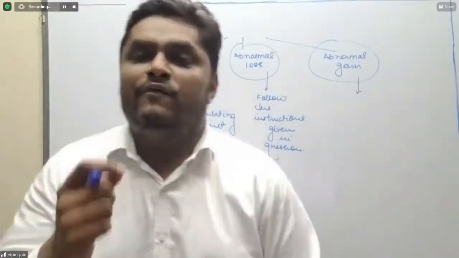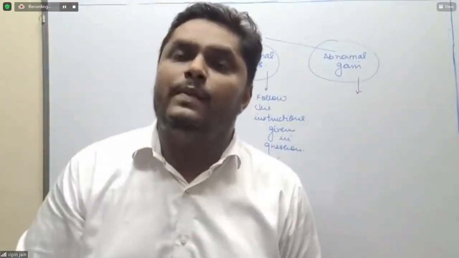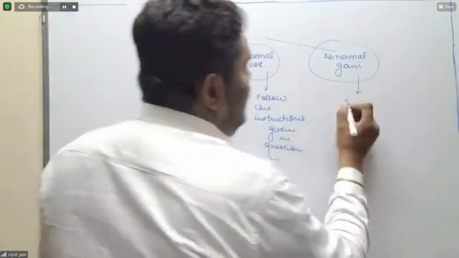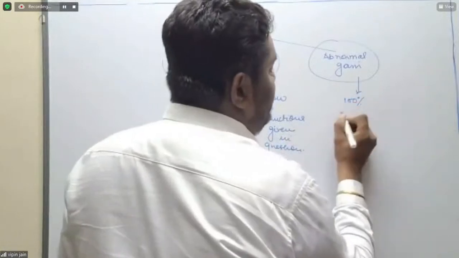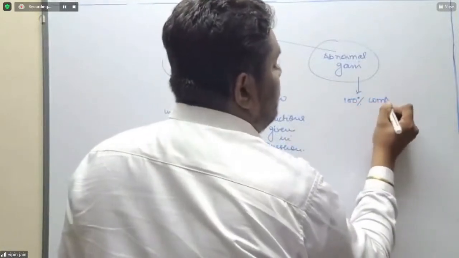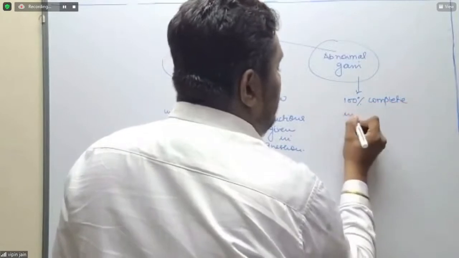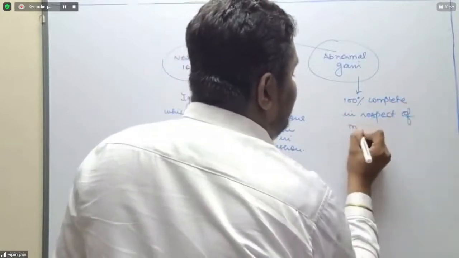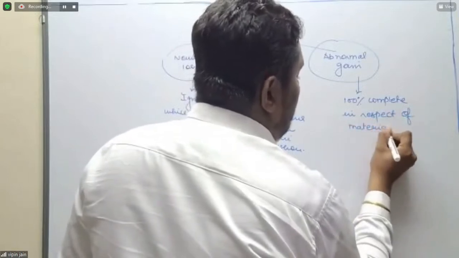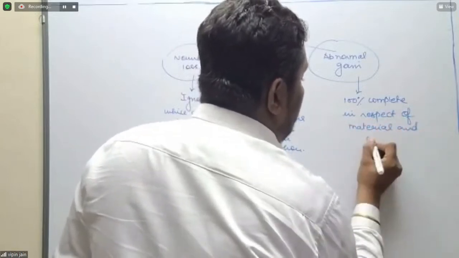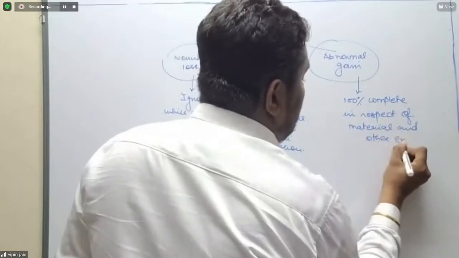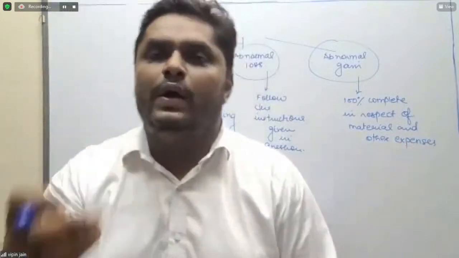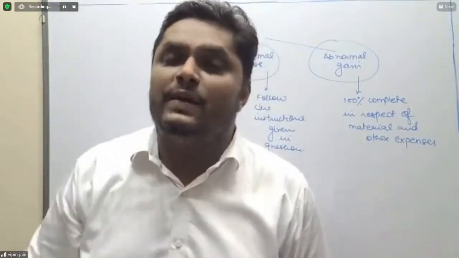Abnormal gain, since it is a saving in normal loss, in case of abnormal gain we will assume that it is 100% complete in respect of material and other expenses. Whatever it is, whether it is labor or overhead, we will assume that it is 100% complete.